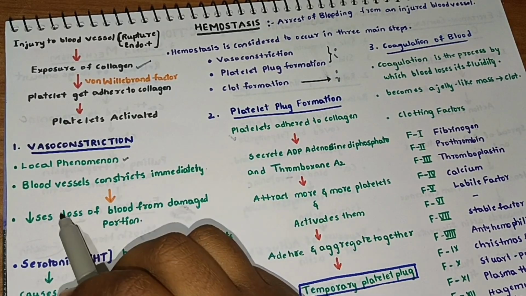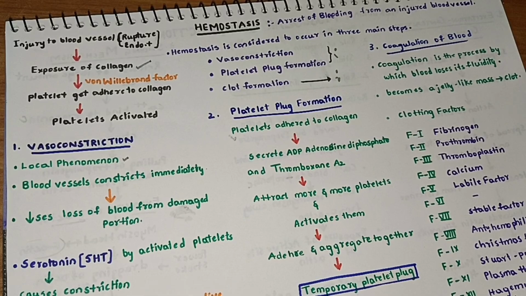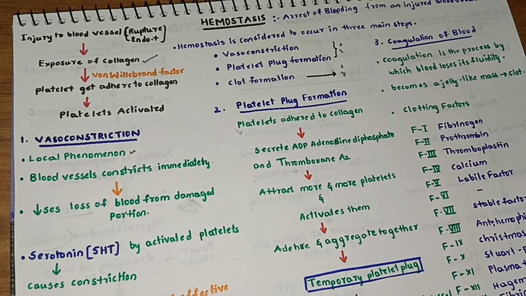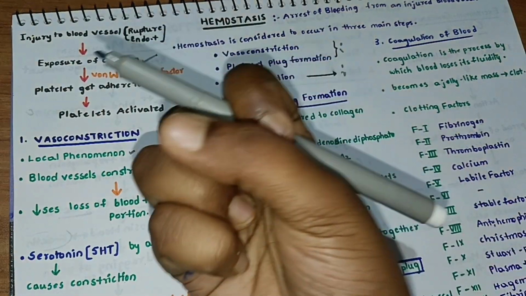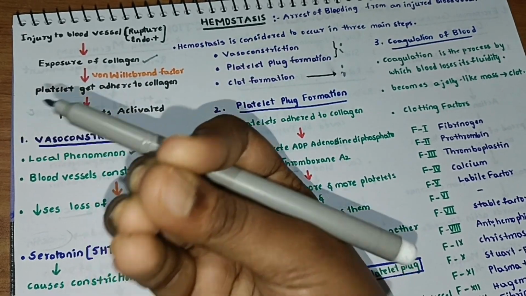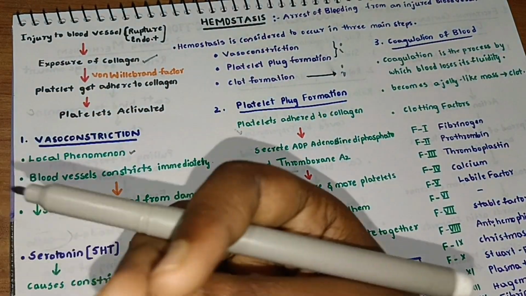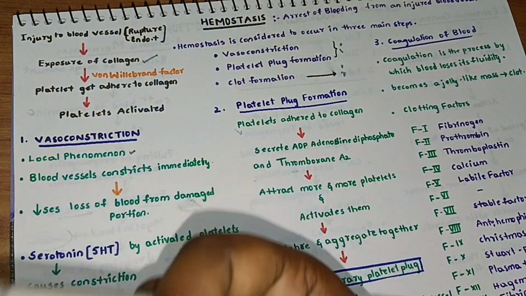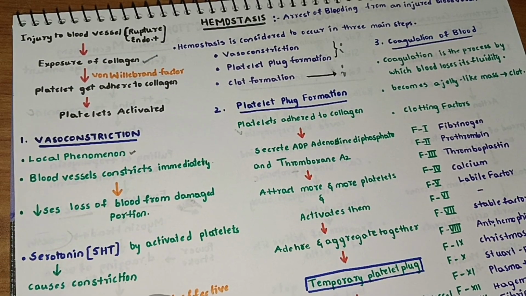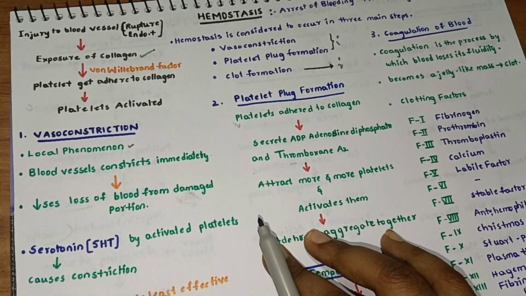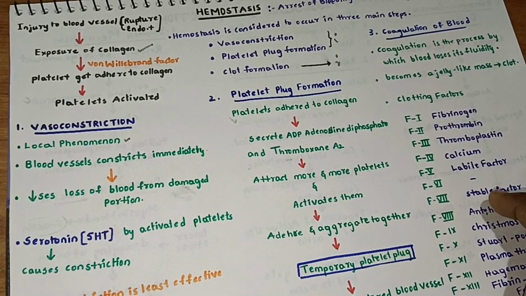Blood vessels constrict immediately after the injury, so there will be decreased loss of blood from the damaged portion. Whenever the blood vessel gets constricted, the blood loss is decreased, so that less blood is lost from the body. So how are the blood vessels constricted?